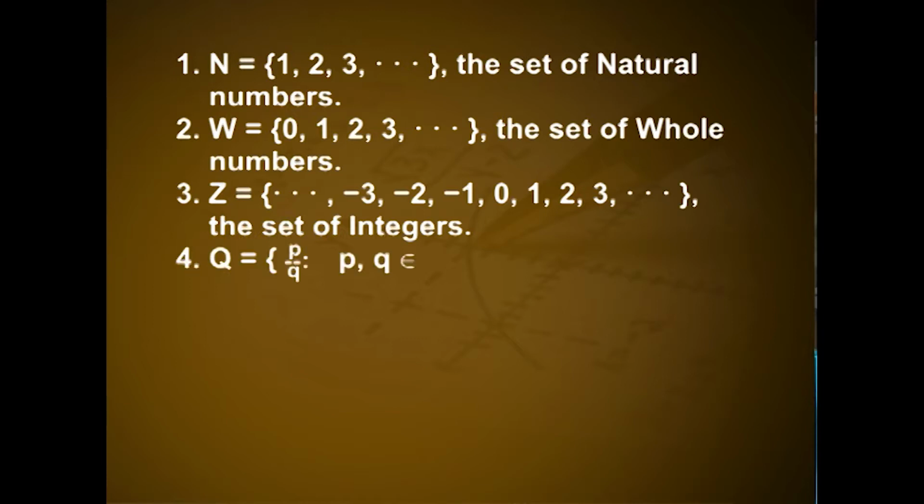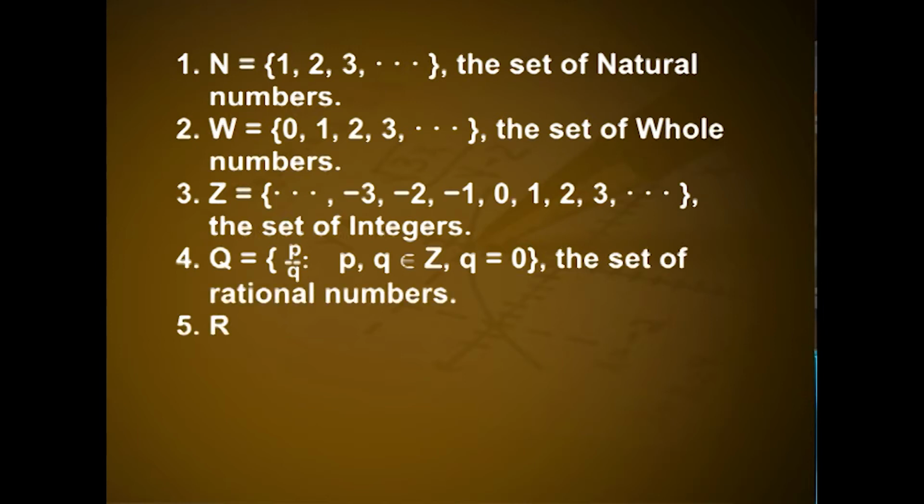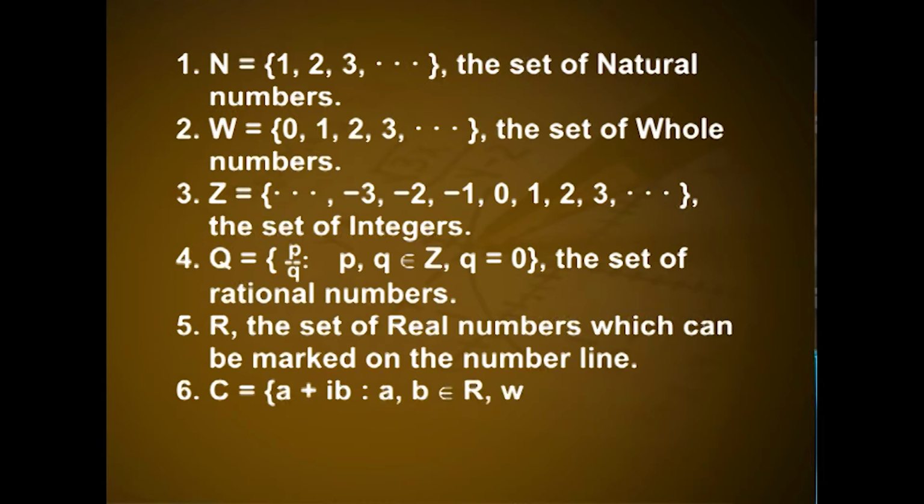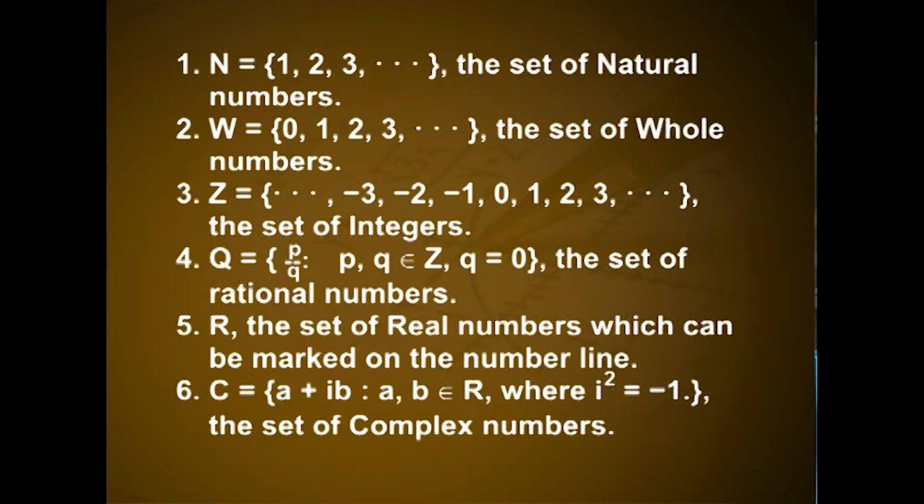Q equals the set of all p/q such that p and q belong to Z and q not equal to 0, the set of rational numbers. R, the set of real numbers which can be marked on the number line. C equals the set of all a + ib such that a, b belong to R, where i squared equals -1, the set of complex numbers. All these sets of numbers are infinite sets.